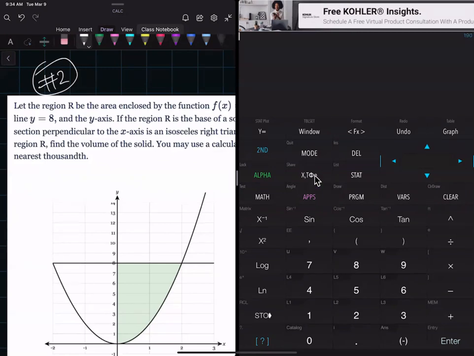If you're looking at my computer, or my iPad, whatever it is, this is going to be your variable. And if you're using a different variable, it doesn't matter. It still gives you the same answer.